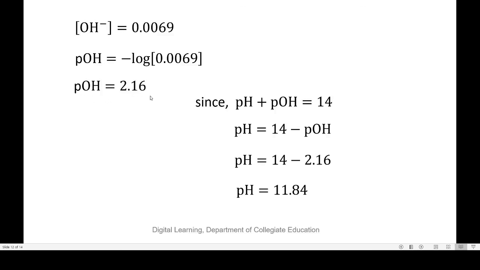Since we know pH plus pOH is equal to 14, substituting for pOH, 14 minus 2.16, you will get pH is equal to 11.84. So pH is greater than 7. So the resulting solution will be highly alkaline.